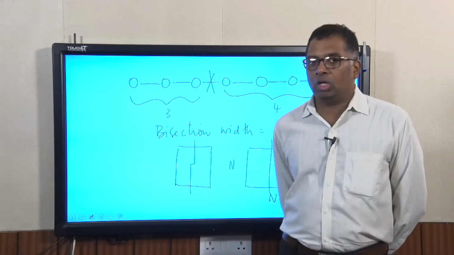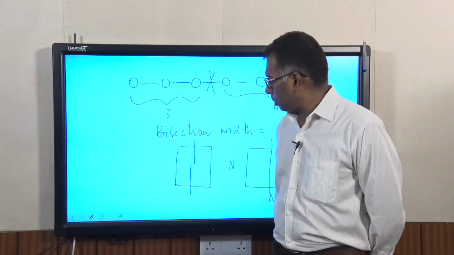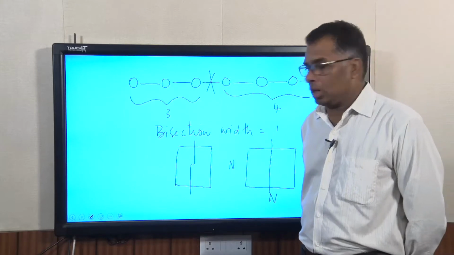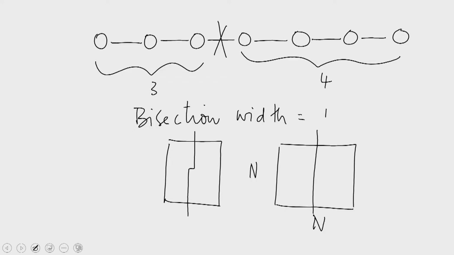So, you can work out the details. I am leaving the details for you to work out. So, in either case we find that the bisection width is theta of n. In the case of a linear array, the bisection width is 1, which is very low. In the case of an n by n mesh, the bisection width is not a constant, it is theta of n.